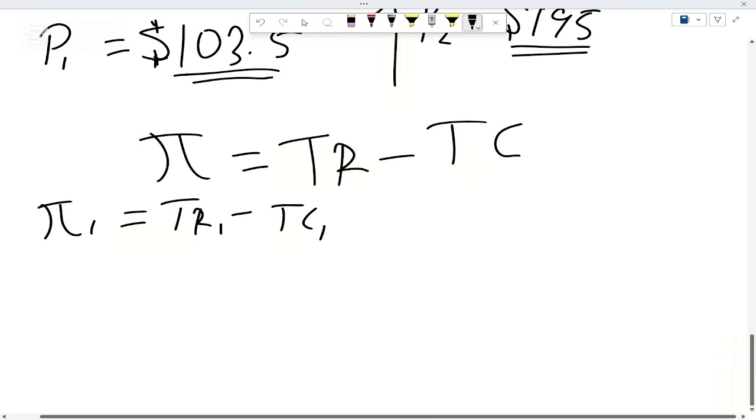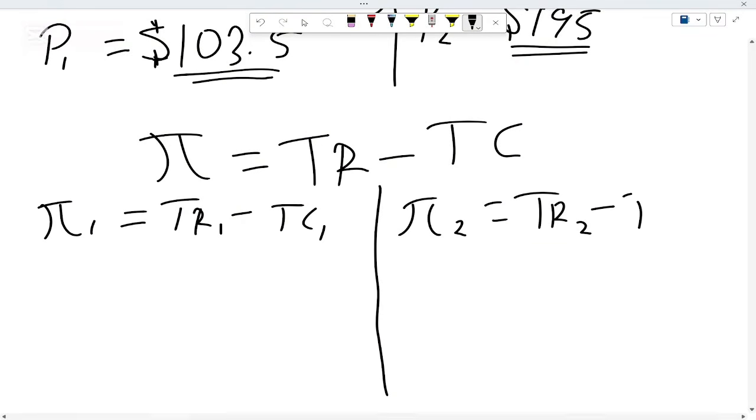Then for the second market, you have the second profit, pi 2, equal to tr2 minus tc2. So this is what you do for the first market.